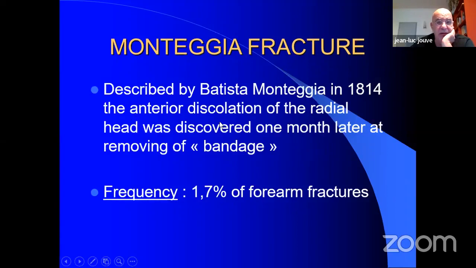He described the anterior dislocation of the radial head 1 month after the removing of a bandage. At this time, surgeons did bandage, but not cast. It is almost 2% of forearm fractures. So you will see Monteggia fracture necessarily during your career.